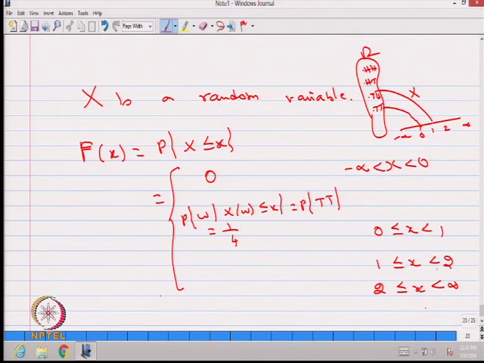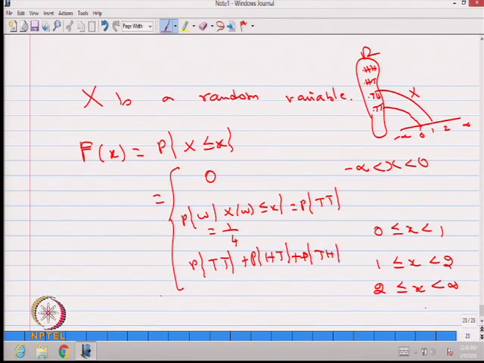When x lies between 1 to 2, that is nothing but a collection of possible outcomes which gives the values X of w less than or equal to x. Here it is going to be P of tail-tail plus probability of head-tail plus probability of tail-head.